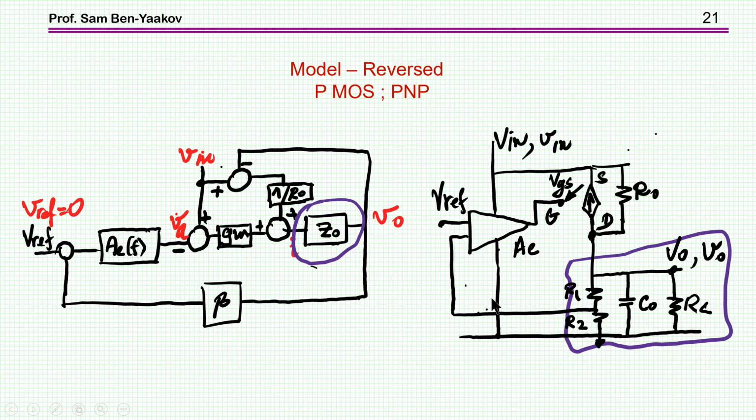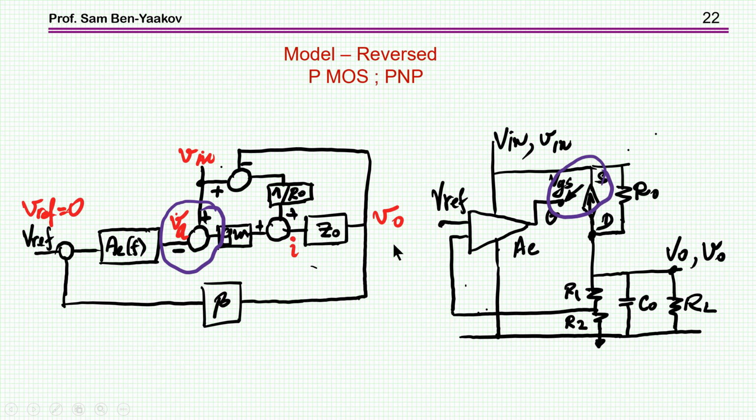Let me just sort of explain each part by itself. This part is the output impedance. Here, this summing, the addition of the voltage from the error amplifier and the voltage from Vin, is represented by this summing junction.